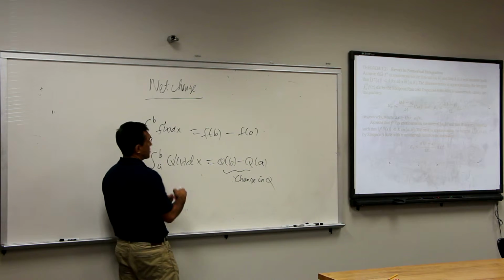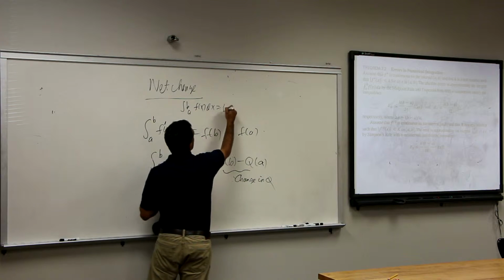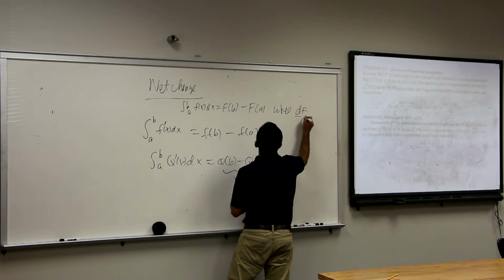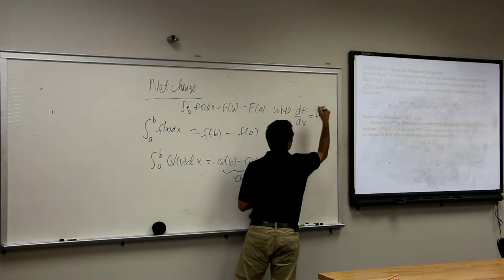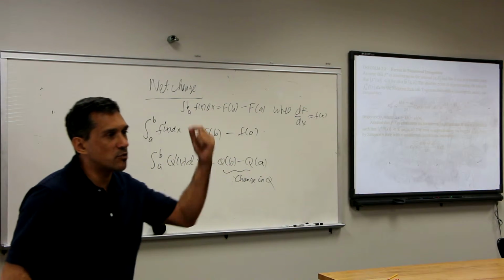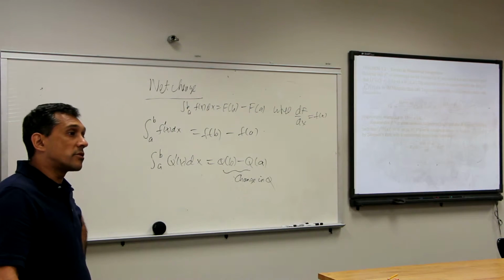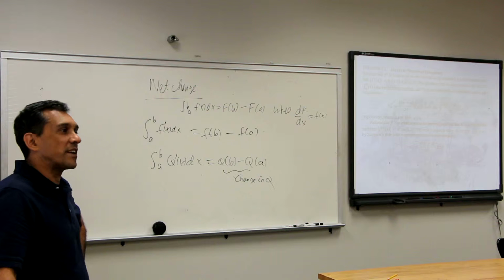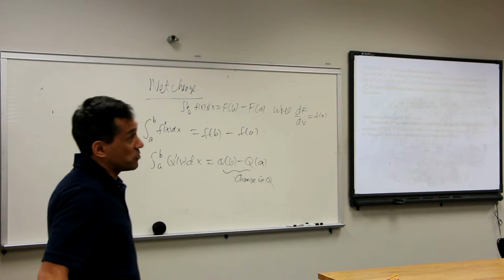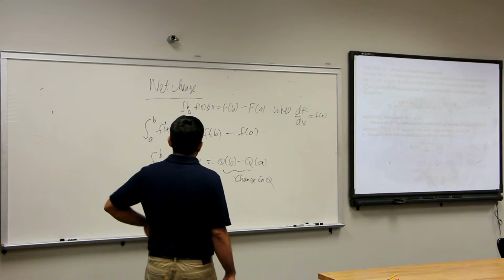That's why I actually prefer this. Then I know I'm looking for antiderivatives. The derivative of position is velocity, and the derivative of velocity is acceleration. So if I integrate acceleration, I must get velocity, and if I integrate velocity, I must get position. That is the real meaning of the fundamental theorem of calculus.